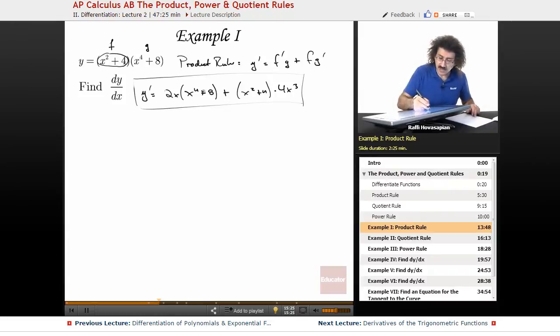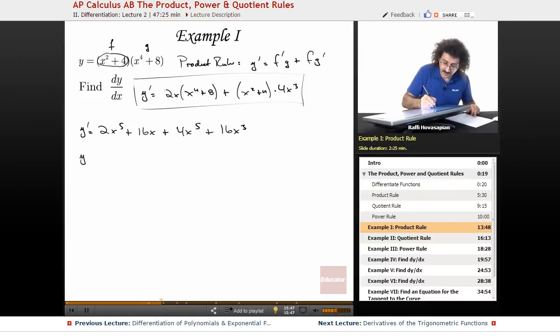So if you want to multiply it out, this is just going to be y prime equals 2x to the 5th plus 16x plus 4x to the 5th plus 16x cubed. 2x to the 5th plus 4x to the 5th, y prime equals 6x to the 5th plus 16x cubed.